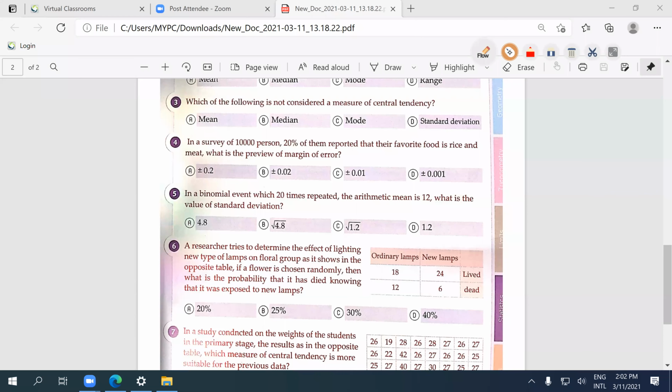We need to find the probability. Knowing that means conditional if. So I need to get the probability of die if we have a new lamp.